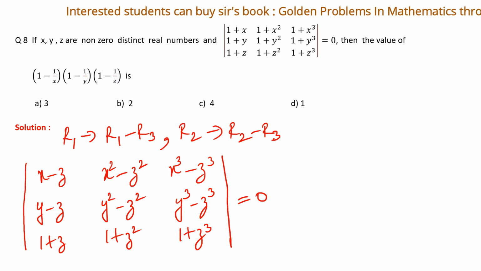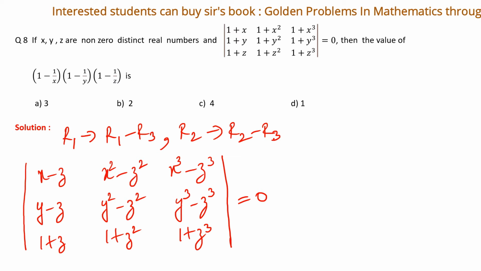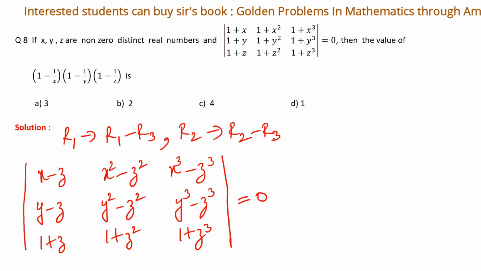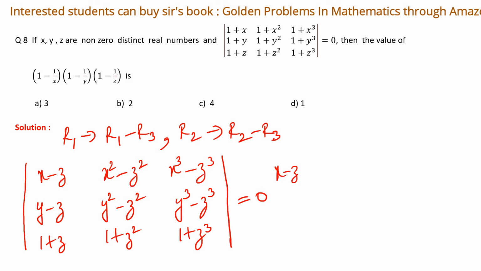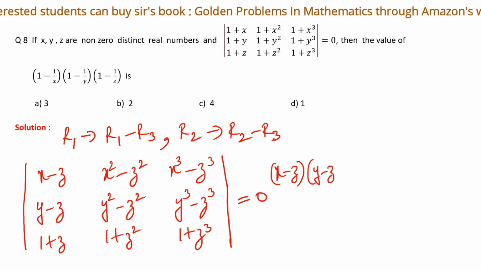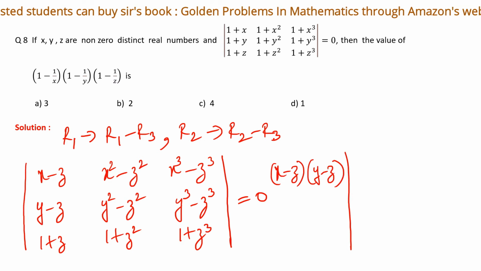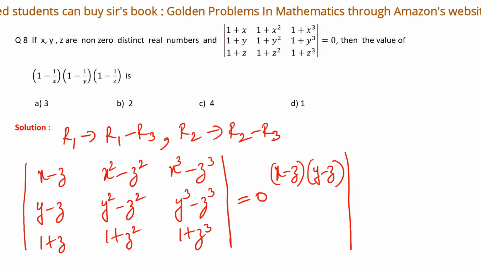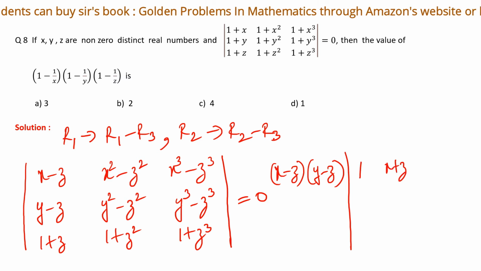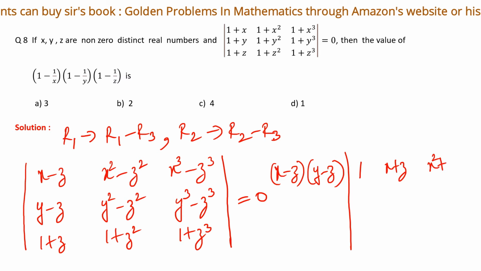Now students, it's very much obvious that all the terms in the first row are having x minus z common. So what do? We take out x minus z from the first row, and similarly from the second row we take out y minus z. Now the determinant becomes 1. Here we get x plus z. Here we get x square plus z square plus xz.